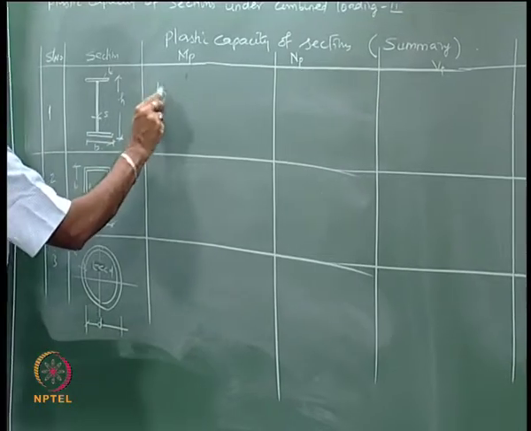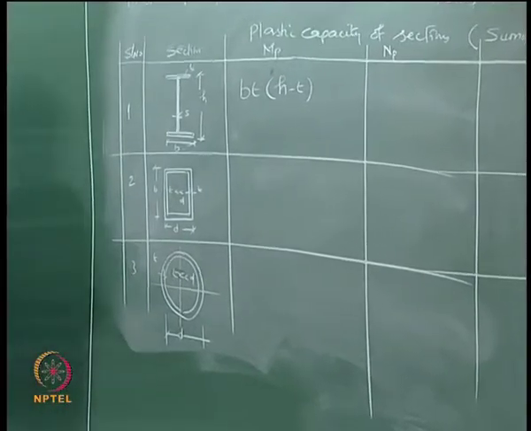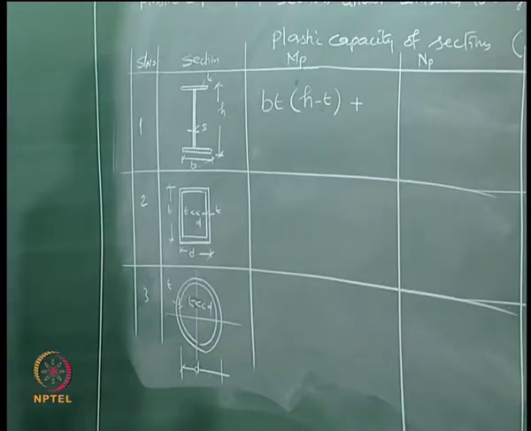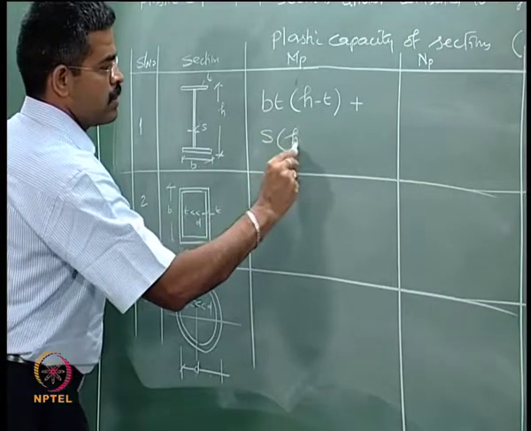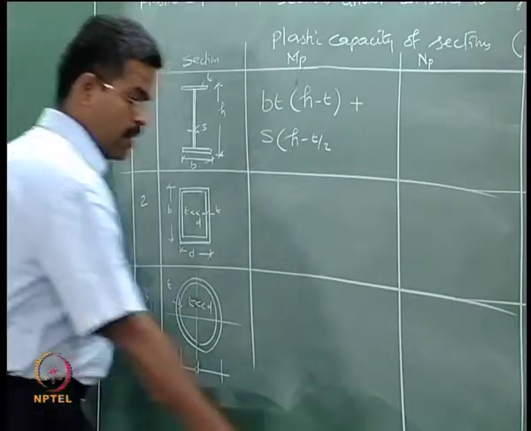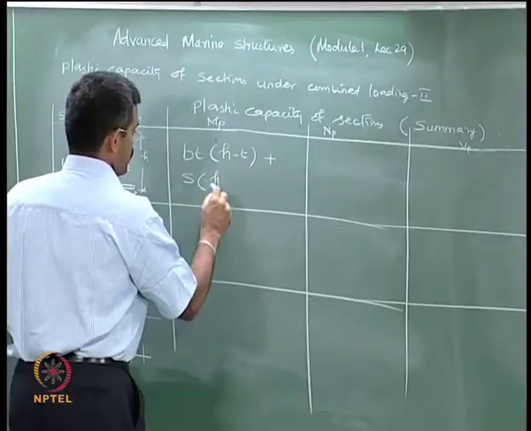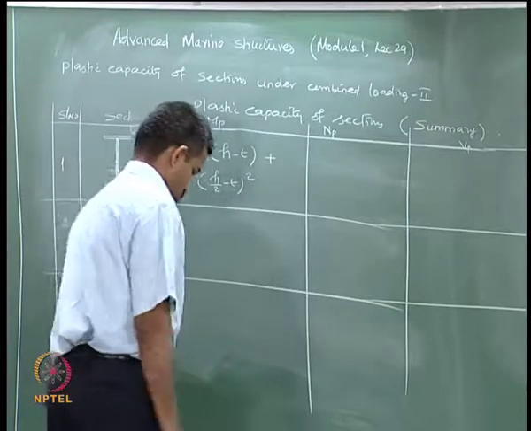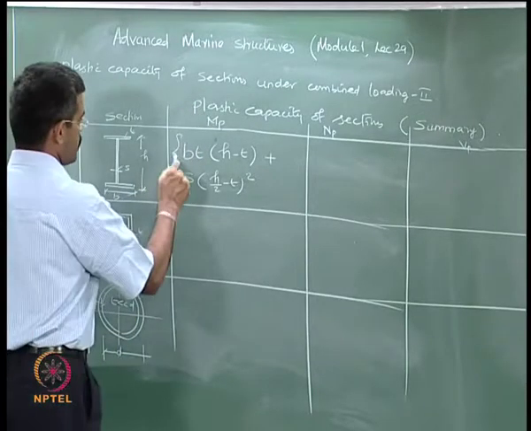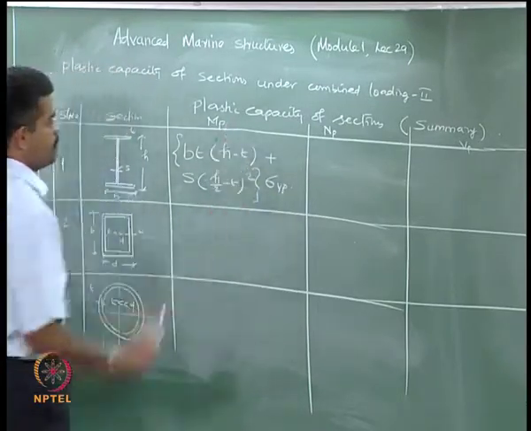So this is Bt (H minus T) plus S into (H by 2 minus T) the whole square, times sigma y, which will give me my MP.